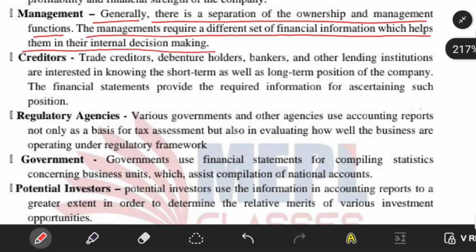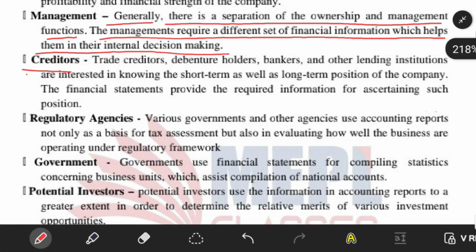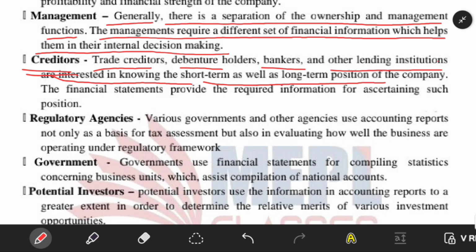Now the third point is creditors. Creditors, trade creditors, debenture holders, bankers and other lending institutions are interested in knowing the short term as well as long term financial position of the company. Creditors are banks, lenders and suppliers who give loans or goods on credit.